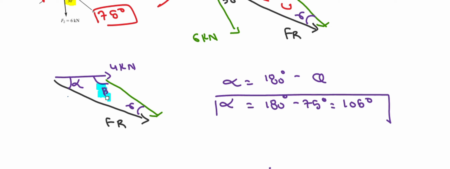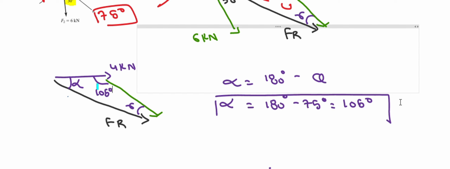If you really want to find the head to tail angle, you should subtract the given angle from 180 degrees. So alpha is equal to 180 degrees minus the head to head or tail to tail angle. So 180 degrees minus 75 degrees is equal to 105 degrees. Now, the angle between 4 kilonewton and 6 kilonewton is nothing but 105 degrees.